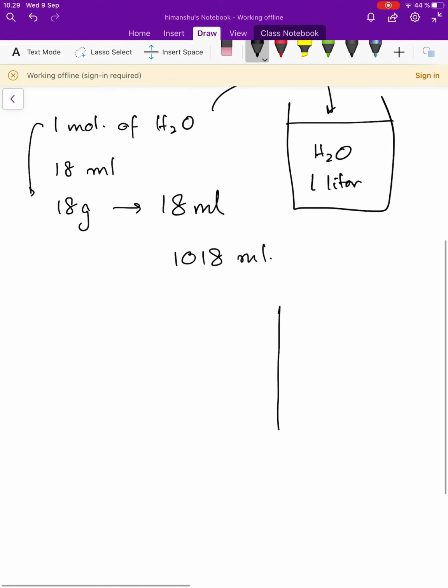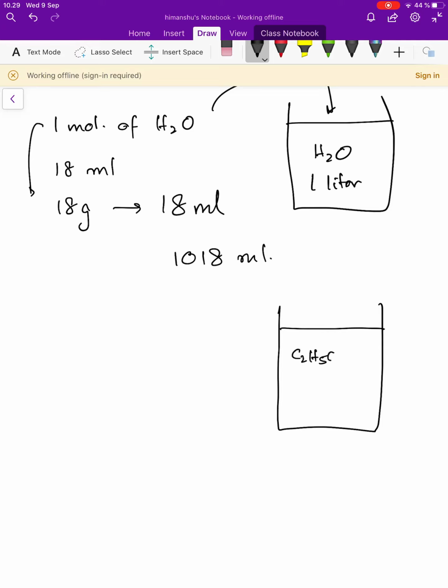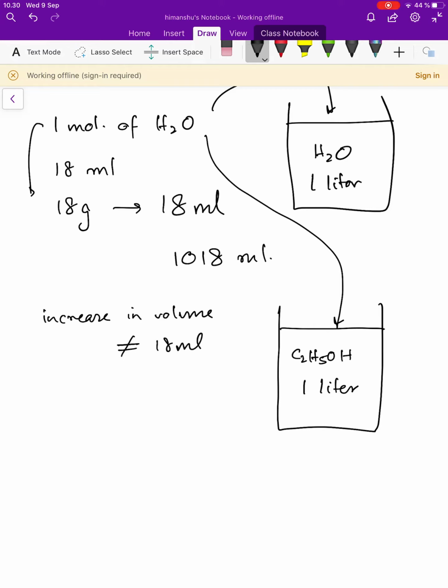If we repeat the same experiment, but now instead of water we have ethanol, 1 liter of ethanol, and then we add 1 mole of water, it turns out that the increase in volume is not equal to 18 ml but is equal to about 14 ml.